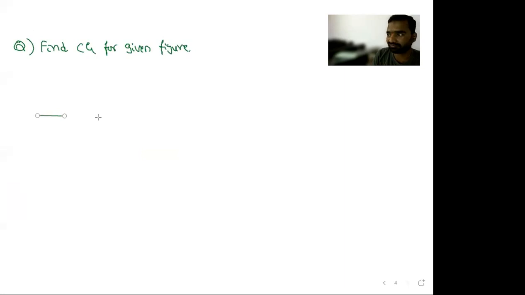Center of gravity. G means gravity. Sometimes, but we are taking plane figures only. Solid figure we are not. Solid figure के लिए तो center of gravity लिखने का. Plane figure है तो just centroid लिखने का.